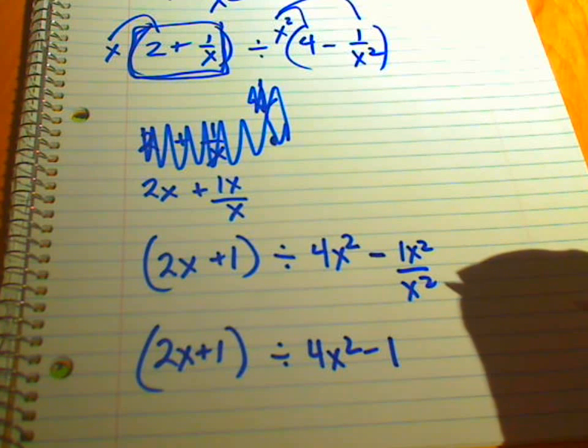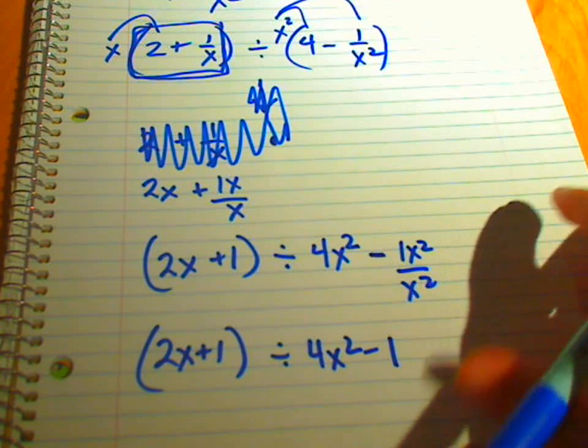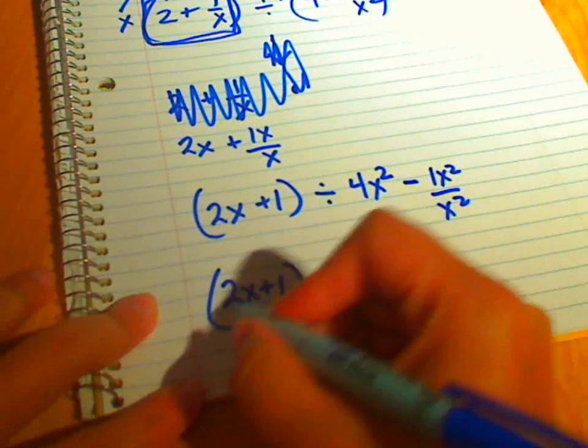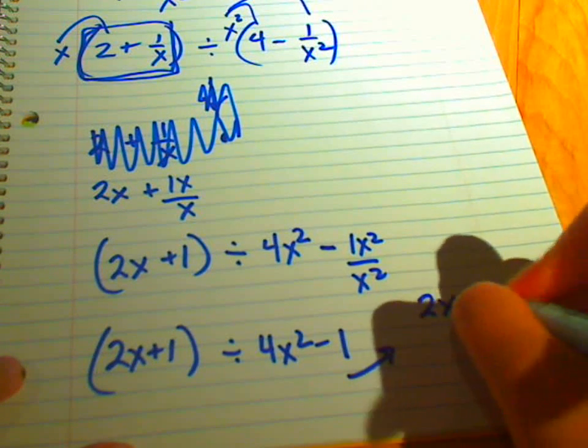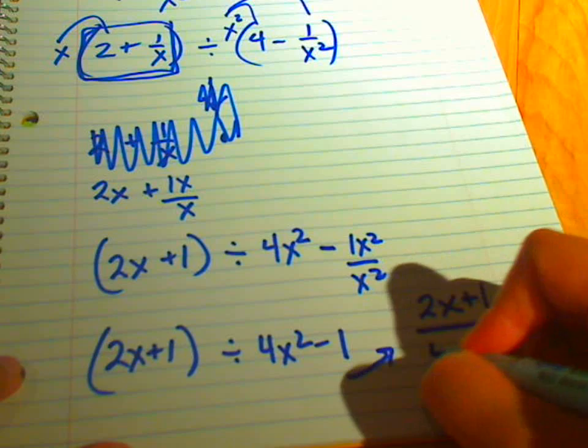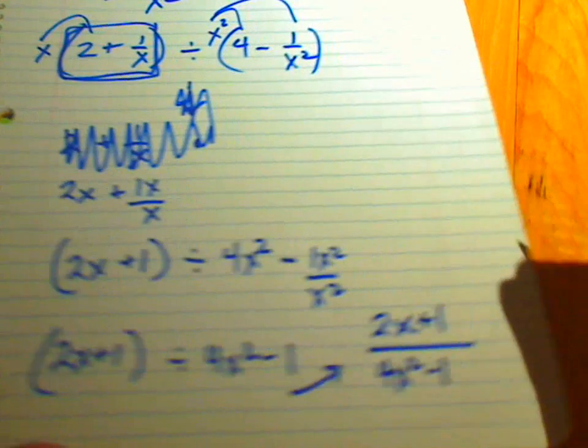As complicated as I know I probably am making it right now, I'm going to put this back into a fraction because I didn't see something in the beginning. I'm sorry. So 4x squared minus 1.